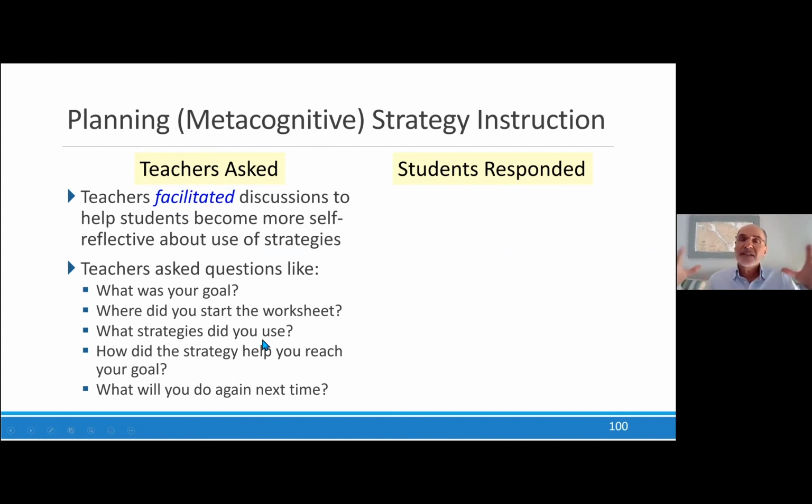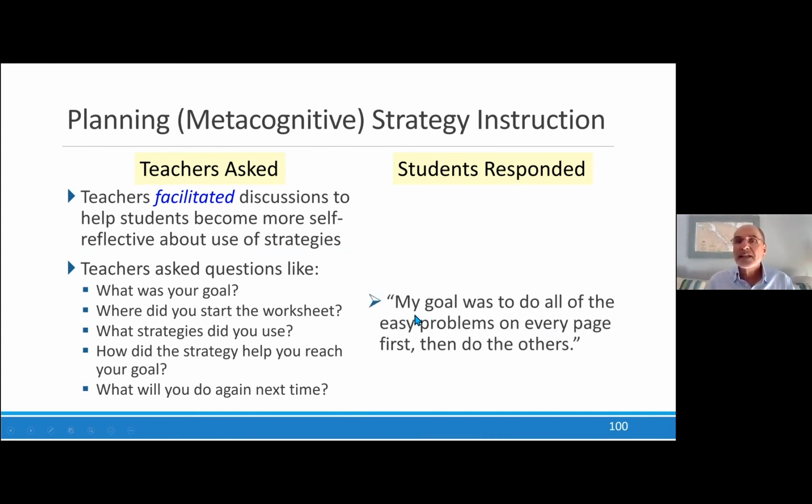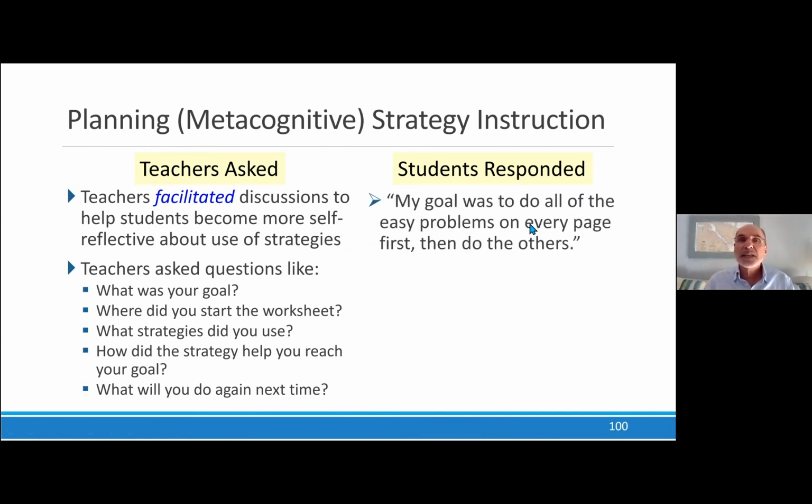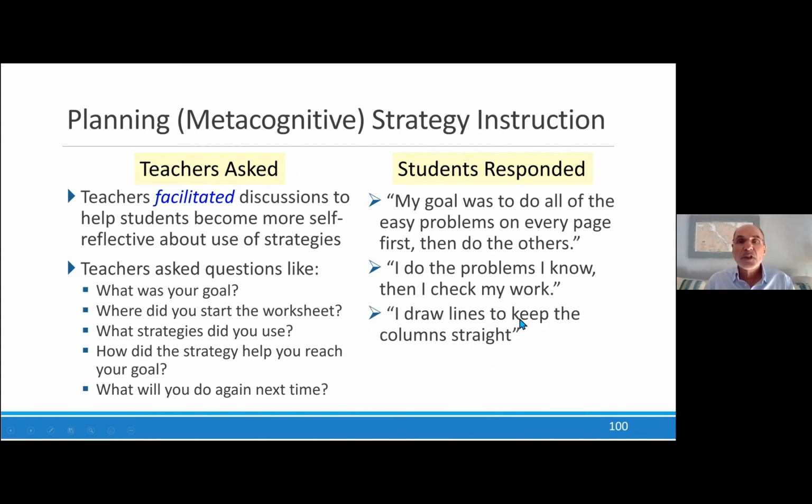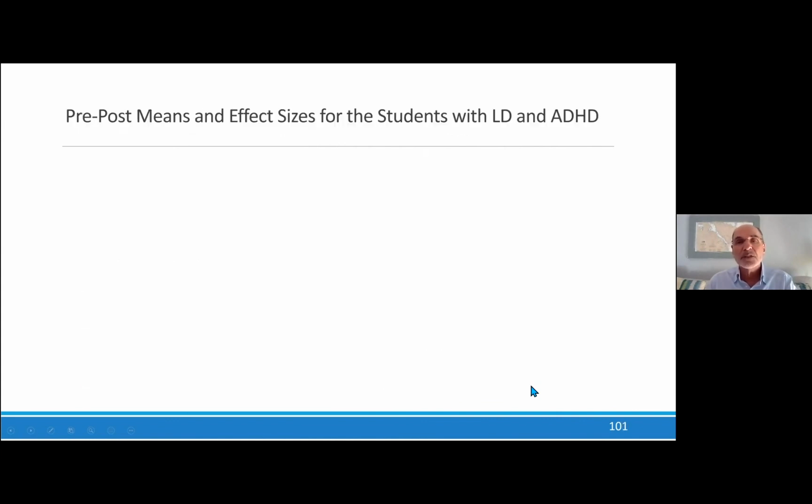And the students in the whole class would hear the other kids say things like, my goal was to do the easy problems first. Okay, nothing wrong with that. I did my problems and I checked my work. Oh, okay. I draw lines to keep the columns straight. That's a good way of organizing it. And I did the ones that took the least amount of time. Okay, that's efficiency. That's reasonable.